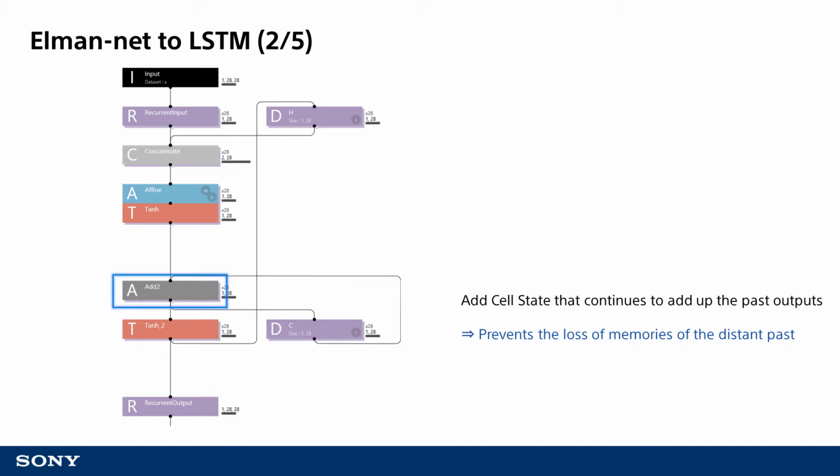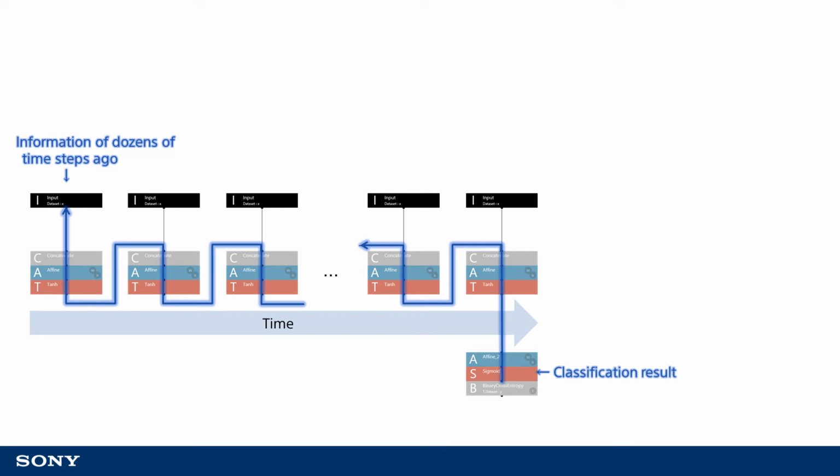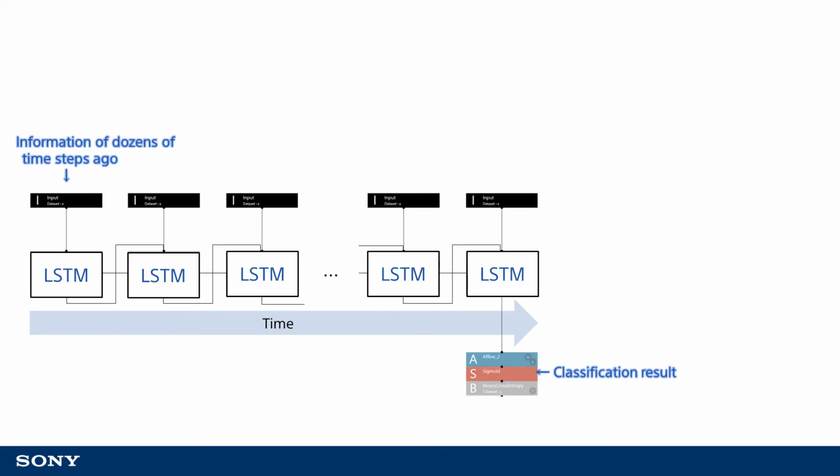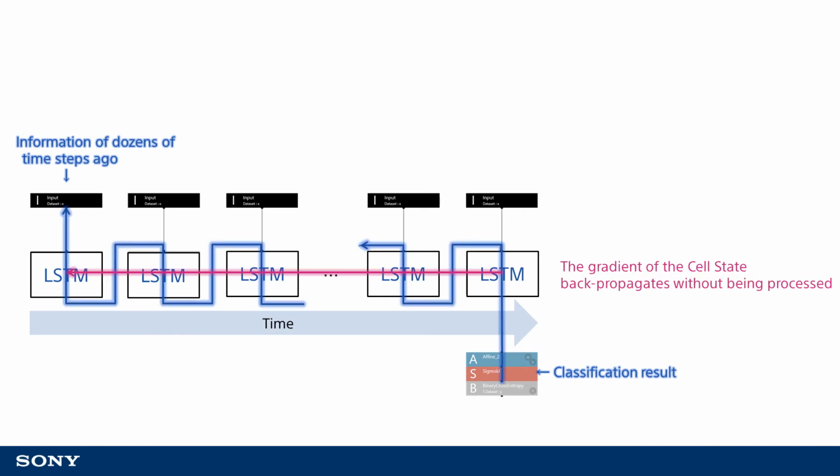In other words, the addition of the results of all time steps has the great advantage that the gradient of each time step propagates directly to the previous time step, thus stabilizing the training. By this mechanism, in Elman-net, the gradient would backpropagate through the long feed-forward neural networks expanded in time, but in LSTM, the gradient at each time step would propagate as it is to the previous time step.